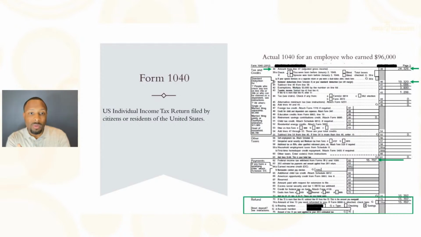The payments that were withheld from his weekly, bi-weekly, or monthly payroll totaled $15,797, and now we see that same amount that was withheld actually being refunded in full. Again, very, very important.